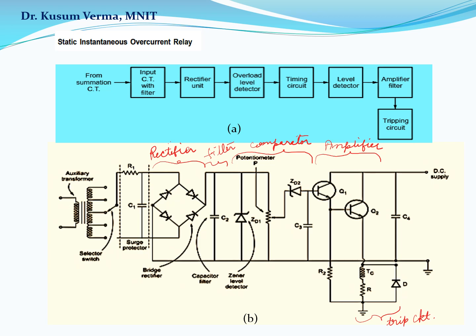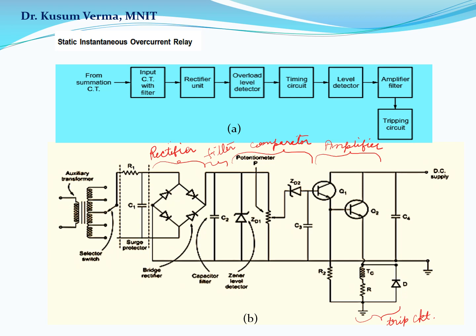When the voltage across the timing capacitor reaches a critical value, it will trigger the level detector. The output of the level detector is amplified as per the requirement and is sent to the tripping circuit. This operates the output device.